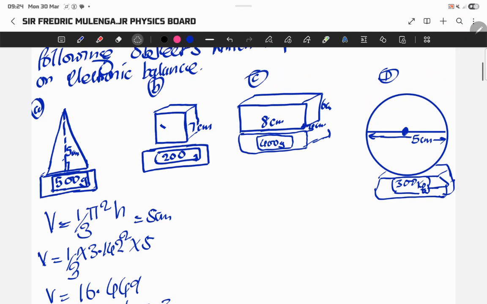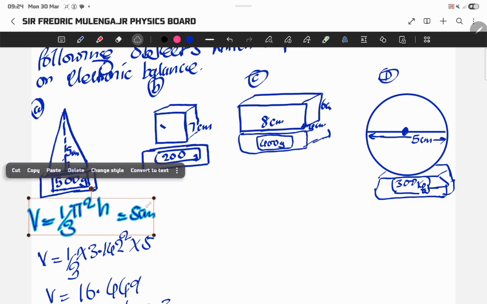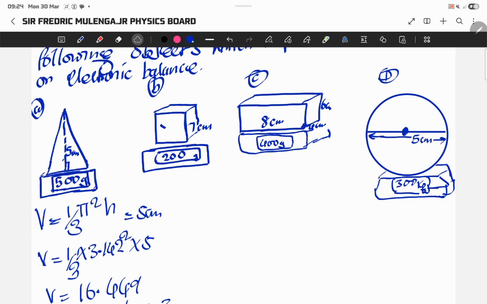All right, so we go to part B of the question, in which we have a cube. The volume of a cube, we know from the table of formulas that we wrote for finding volume, is L cubed. So this means 7 times 7 times 7.